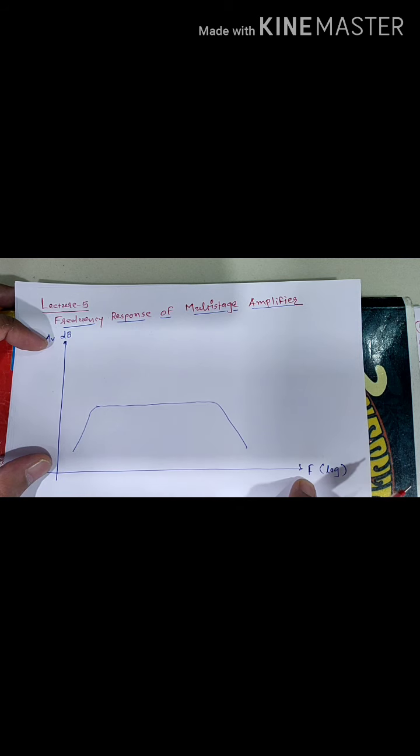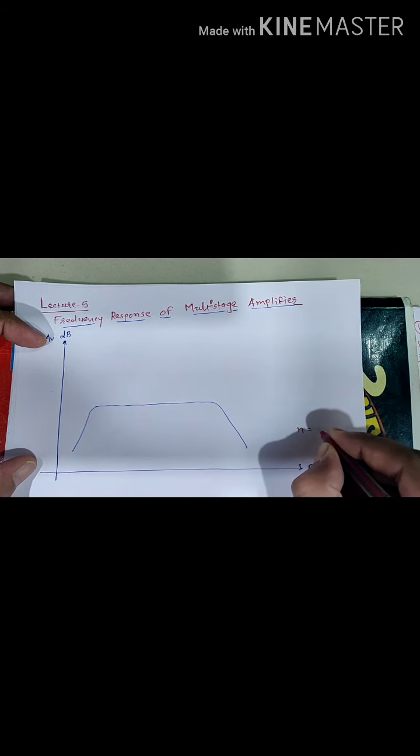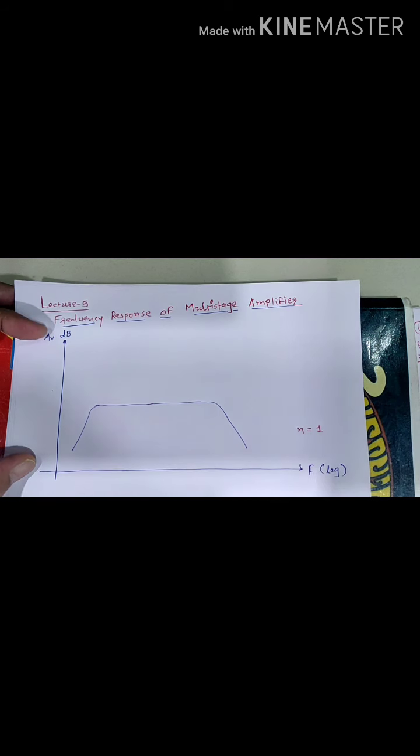Now here we consider this amplifier is a single stage amplifier, so n, the number of stages of the amplifier, is 1. What will happen in this graph?